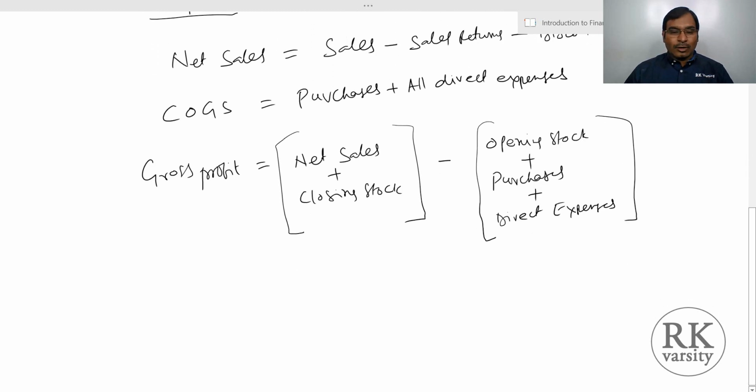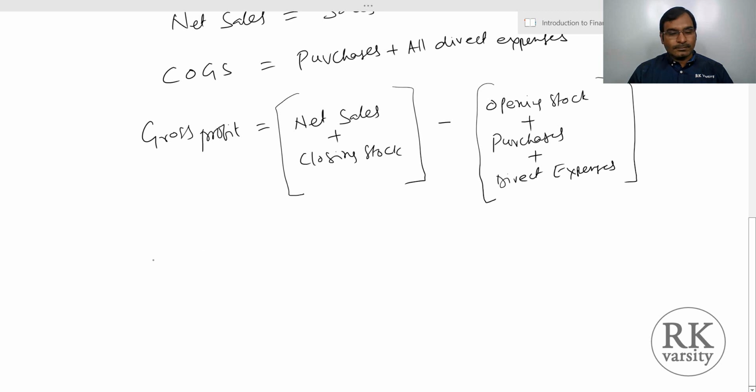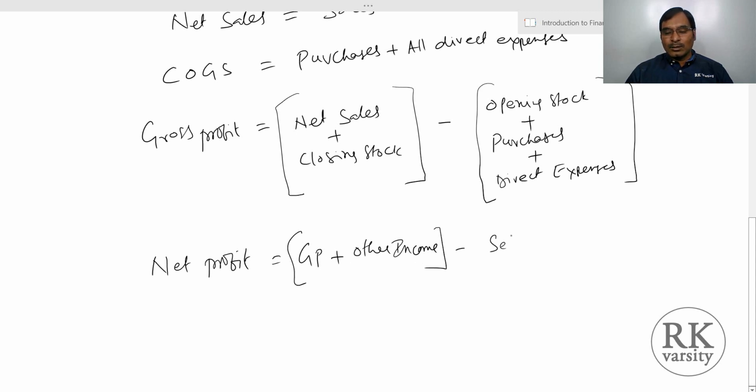Now coming to the net profit. So your net profit equals gross profit plus other income, minus your selling plus distribution plus general plus administrative expenses.